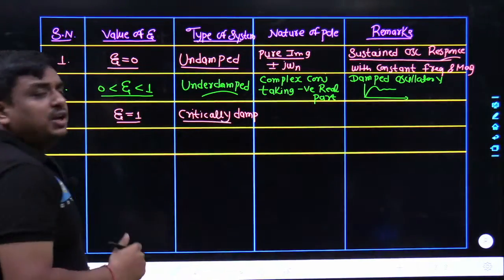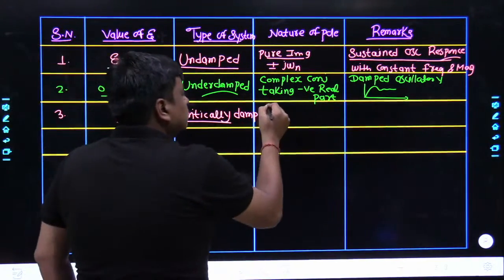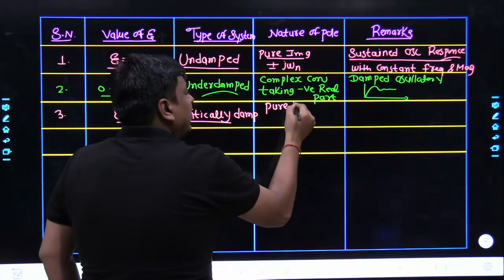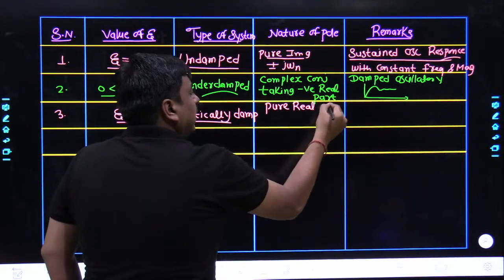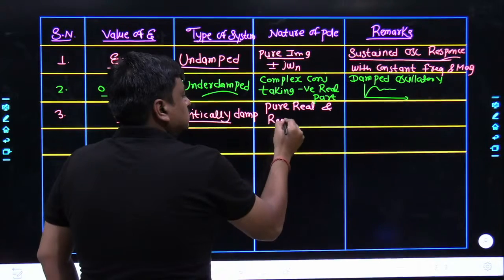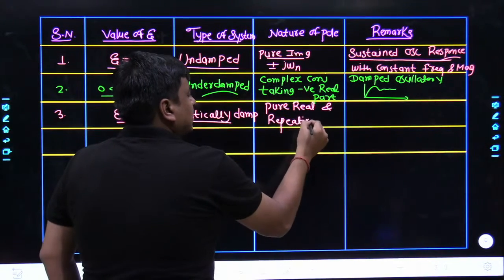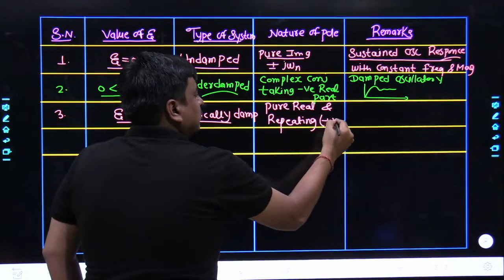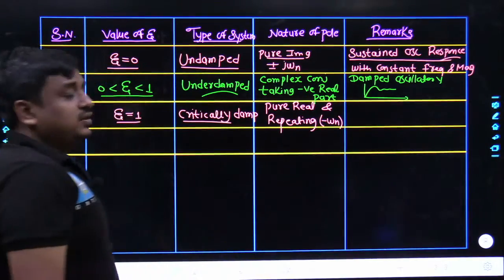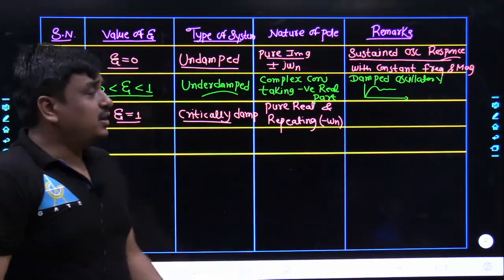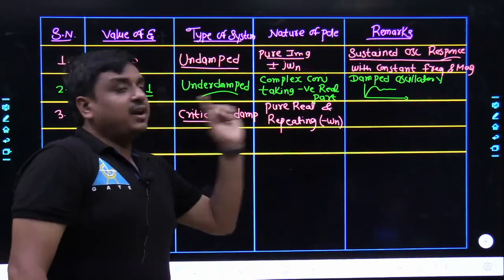And if we talk about the nature of the pole, it would be pure real and repeating. And if we talk about where they would be repeated, it would be minus omega n. Yes, for better clarity, you can write pure real, negative and repeating. Why?